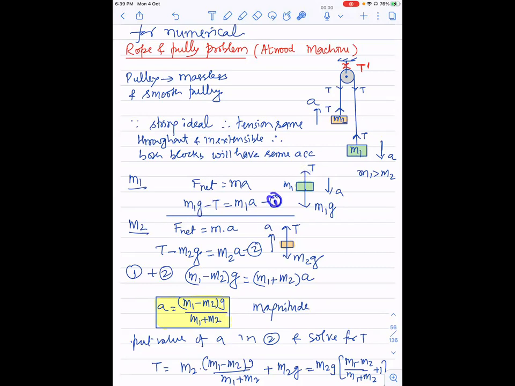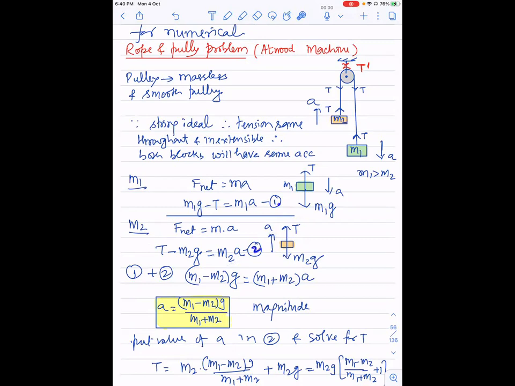This is equation 1. For the M2 block, tension is upward, and M2g is downward. Since it is going up, tension has to be bigger. In F net, T comes first, and the opposing force M2g comes later, which equals M2a. This is equation 2.